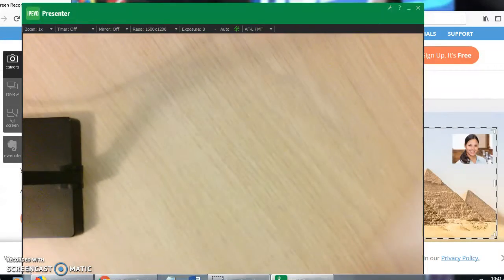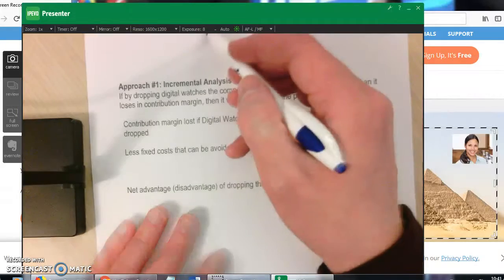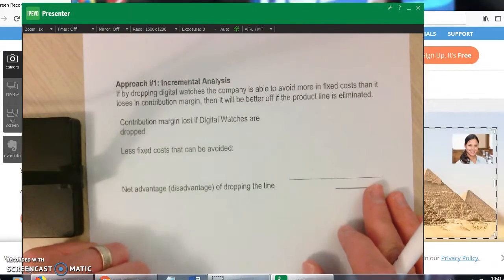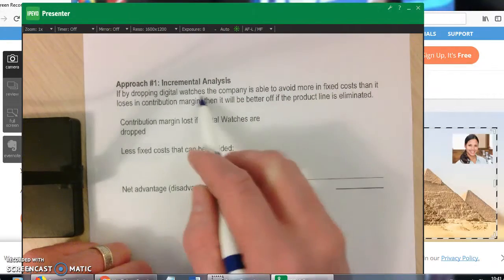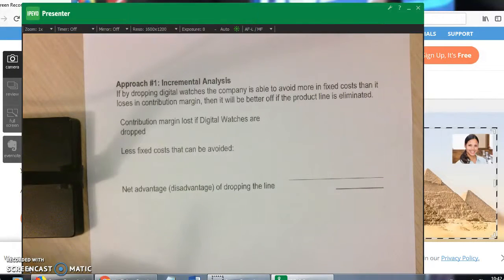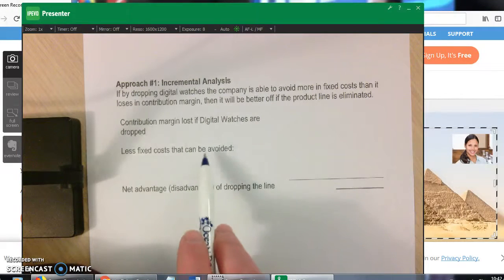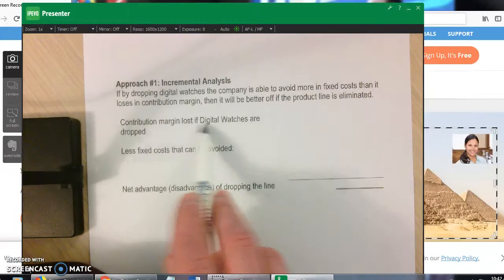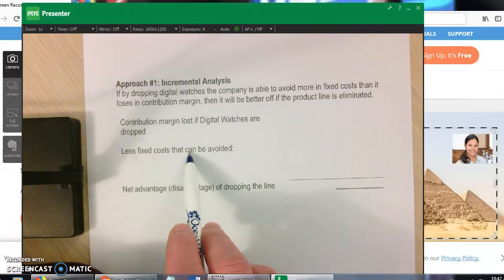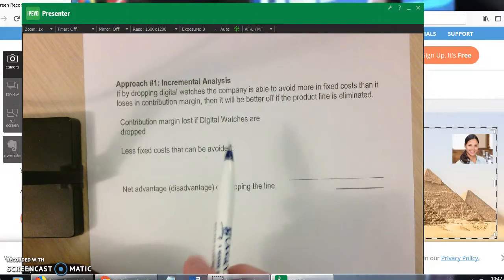Okay? So I kind of went through and I already answered this question. Are there any irrelevant costs? Okay? So with our shortcut way, our incremental analysis way, what we're going to do is look at the contribution margin if we drop the product line, and then which costs can be avoided. Okay, and then if the contribution margin that we lose is more than the fixed cost that can be avoided, we should not drop the product line.